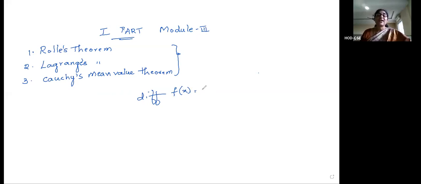So suppose I have mod x, and I take the interval minus 1 to 1. It is continuous, because for all the values from minus 1 to 1, mod x gives finite values. It is always continuous.